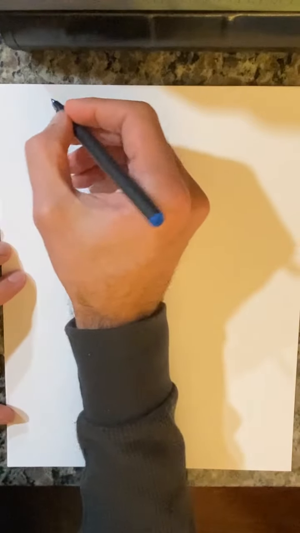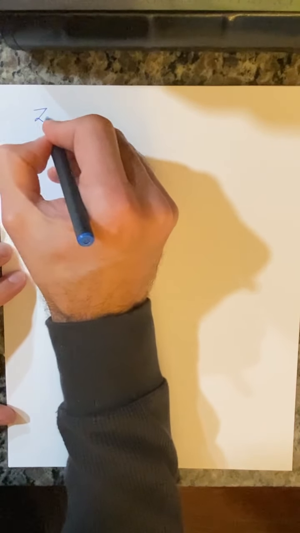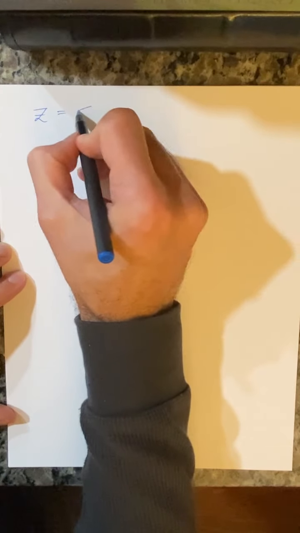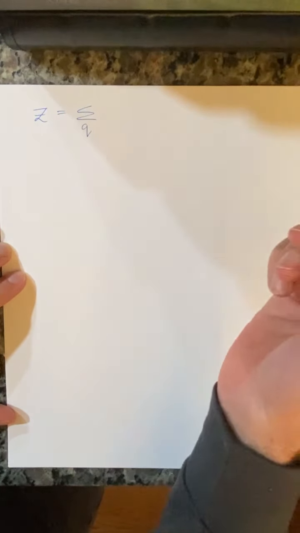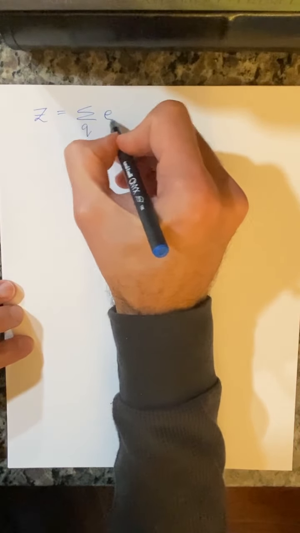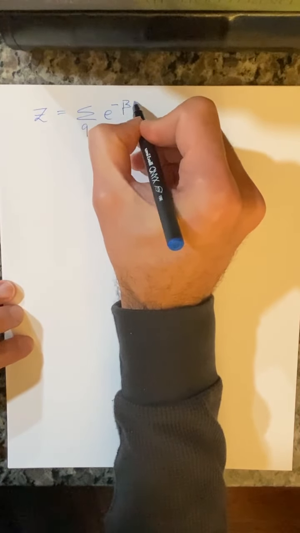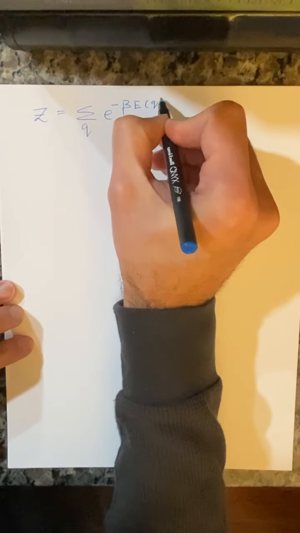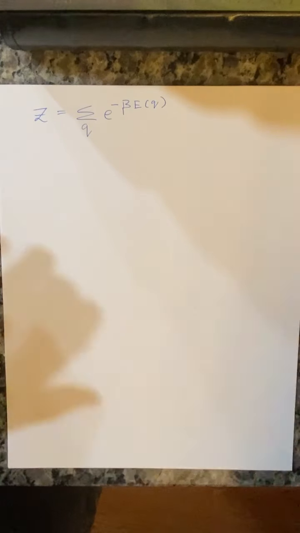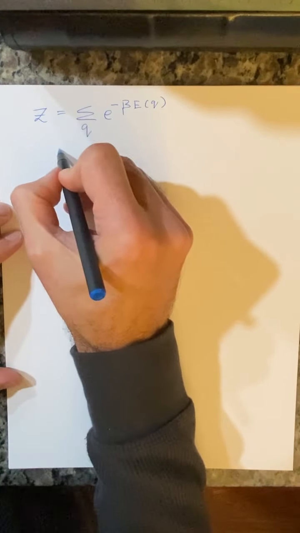Then you have Z is equal to, obviously we got to sum over all the states Q, e raised to minus beta E of Q. Beta, you all know, is 1 over kBT. From here on, we generally use that. It's easier, right?